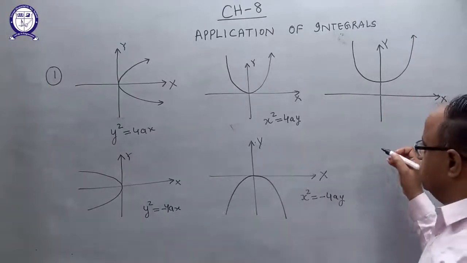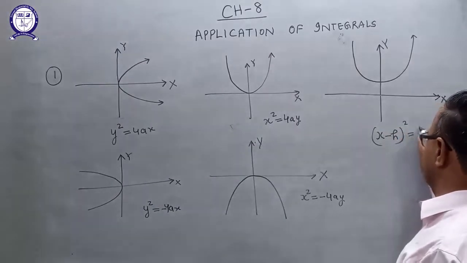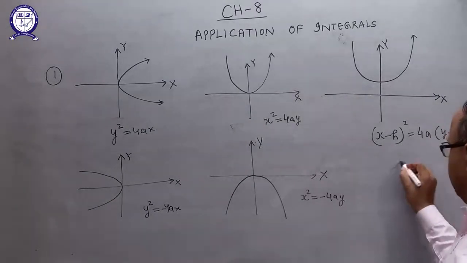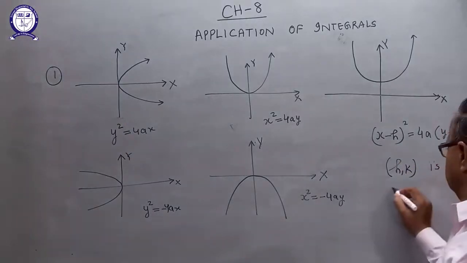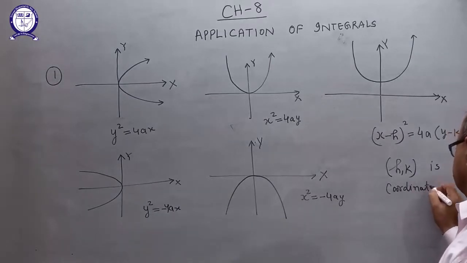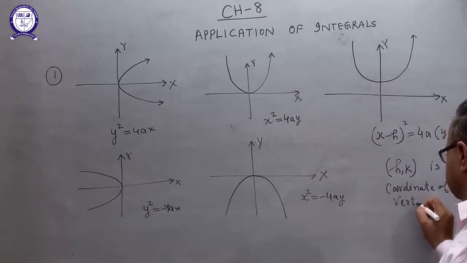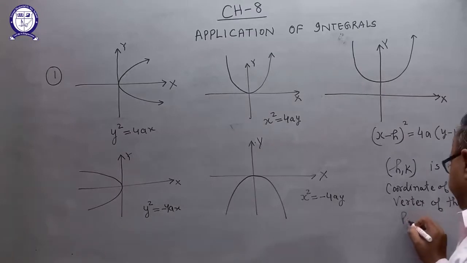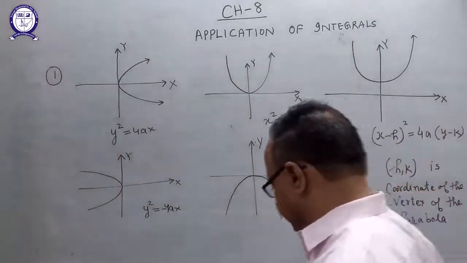And the equation of this shifted parabola is x minus h whole square is equal to 4a into y minus k, and h comma k is the coordinate of the vertex of the parabola.